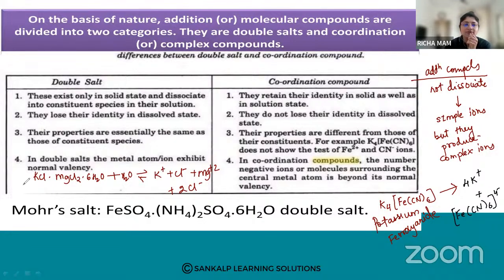They do not produce simple ions; they produce complex ions. You can see that it is not dissociated completely, so they are in the complex form. This is an example.